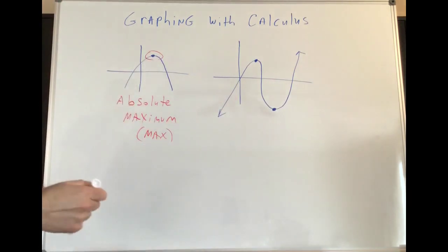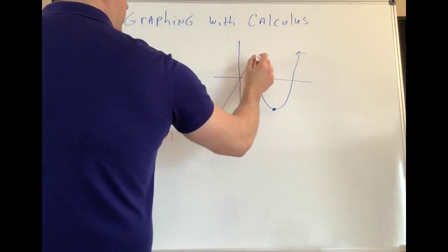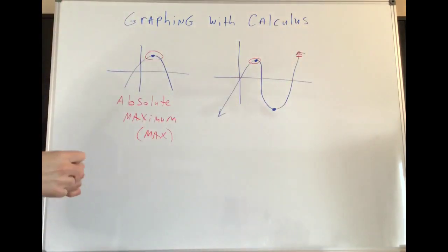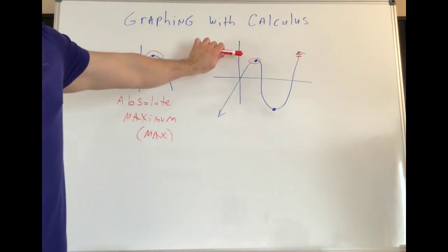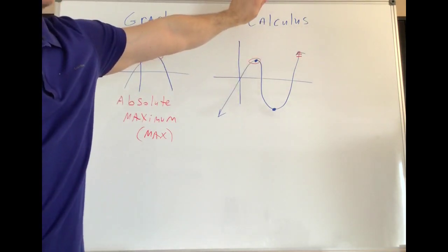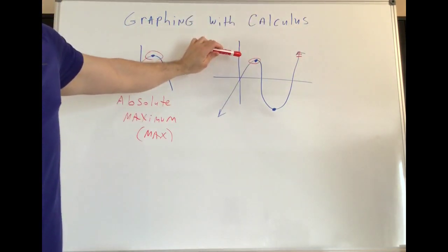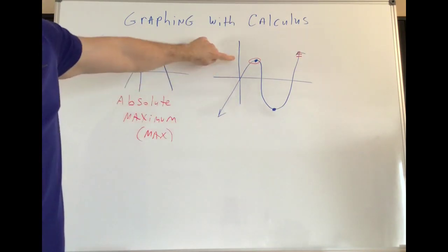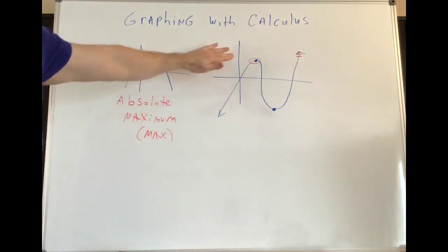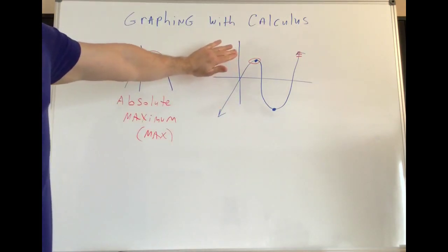The thing is, if you look at this one and you compare it to the rest of the picture, this guy is not the high point. This goes up forever. So this is not the absolute biggest that it gets. Like, let's say that point there was 5. This is 6, 7, 8, 9, forever. This is not even close to being the maximum.